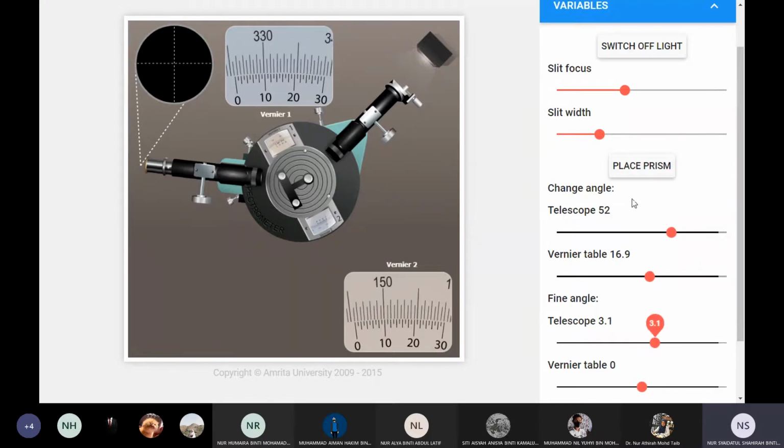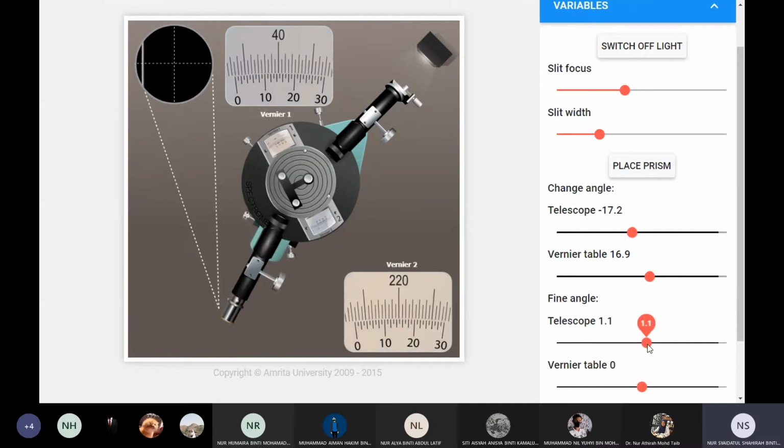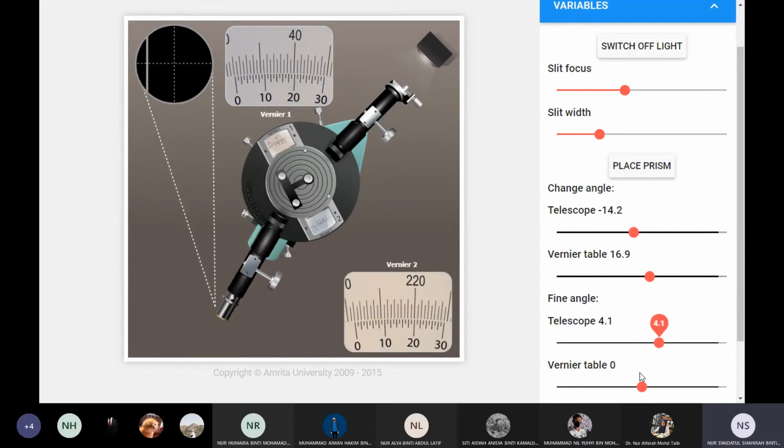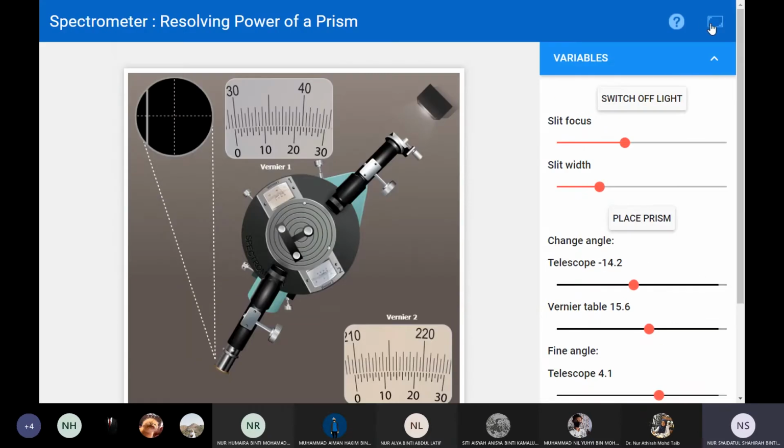If we are going to move it just a little, we can use this fine angle like this. It works the same for the vernier table fine angle. It can be used to move the vernier table finely.